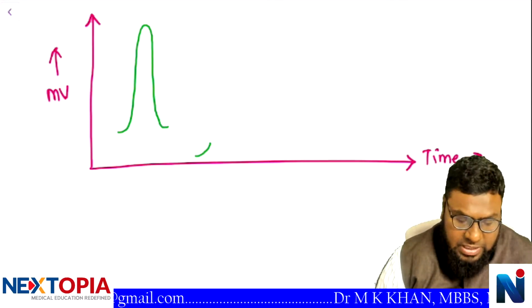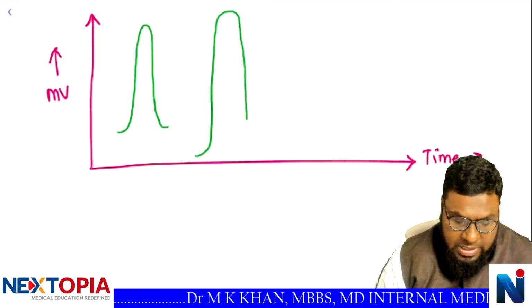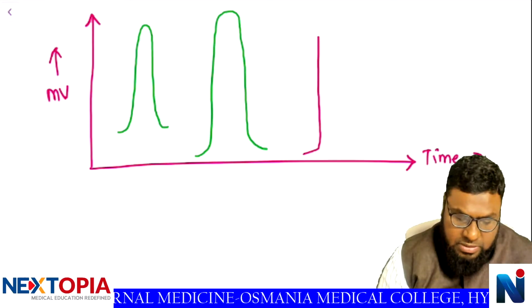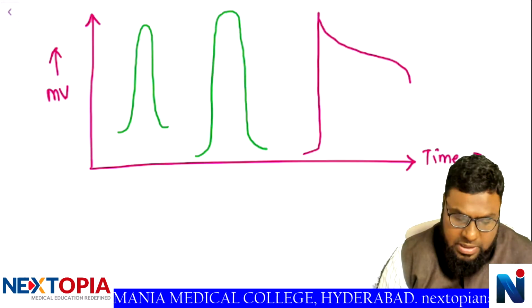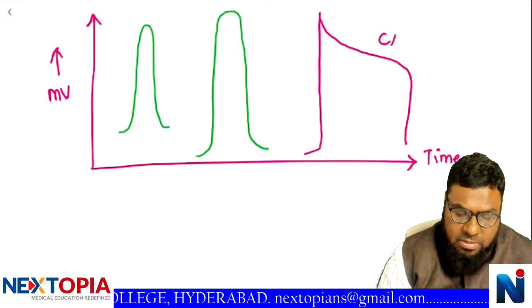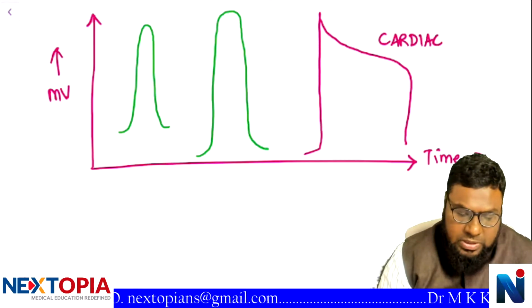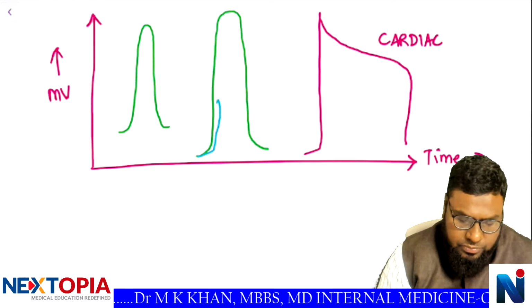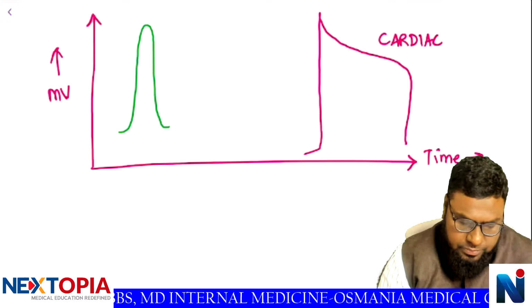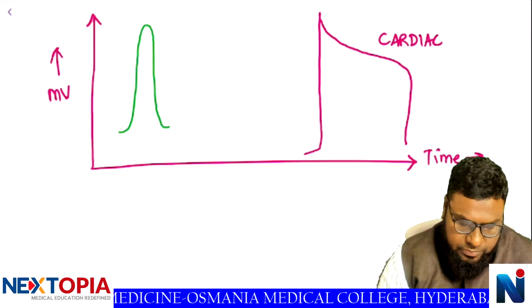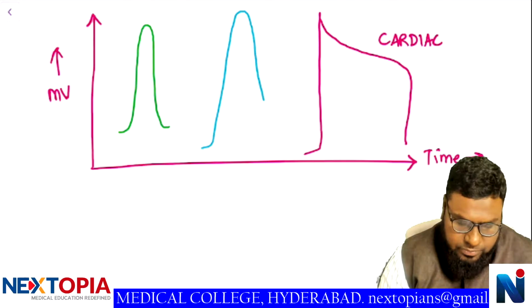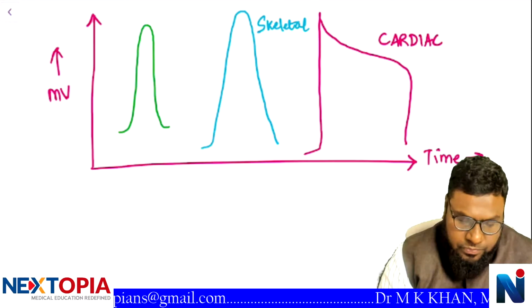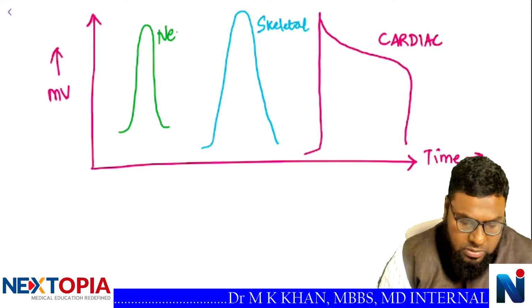The skeletal muscle action potential is depolarization followed by repolarization. The cardiac muscle action potential is depolarization followed by repolarization. So this is the cardiac muscle. This is the skeletal muscle. And this is the neuron.